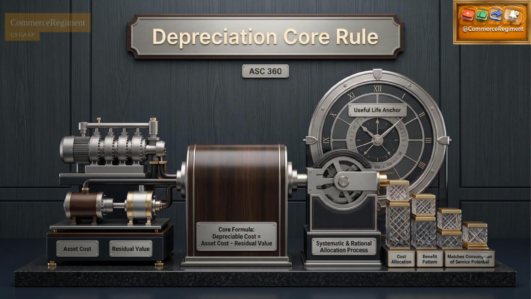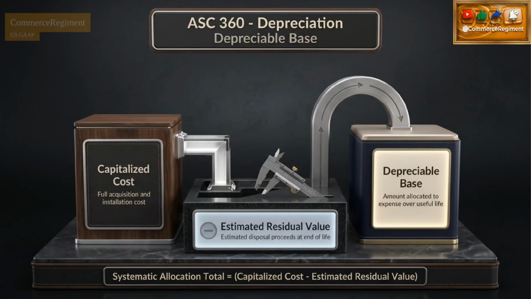The simple formula is depreciable cost equals asset cost minus residual value. The depreciable base is the amount that will be allocated to expense over the asset's useful life. Start with the full capitalized cost. Then subtract estimated residual value, which is the expected value at disposal or retirement.